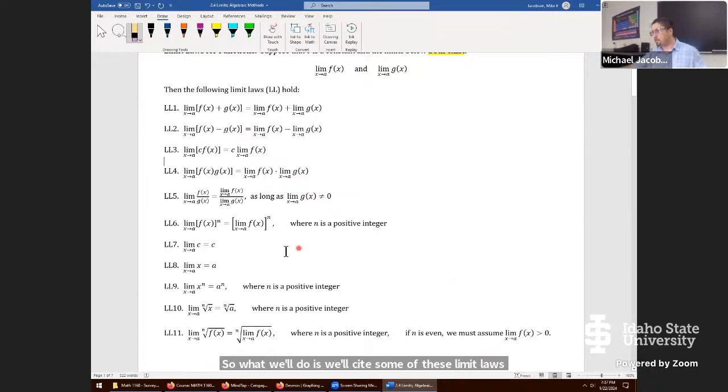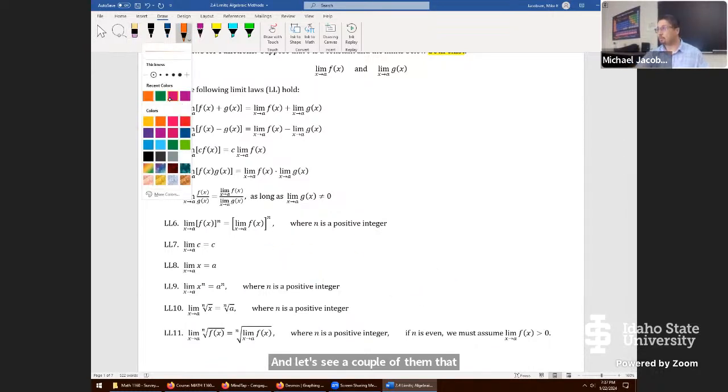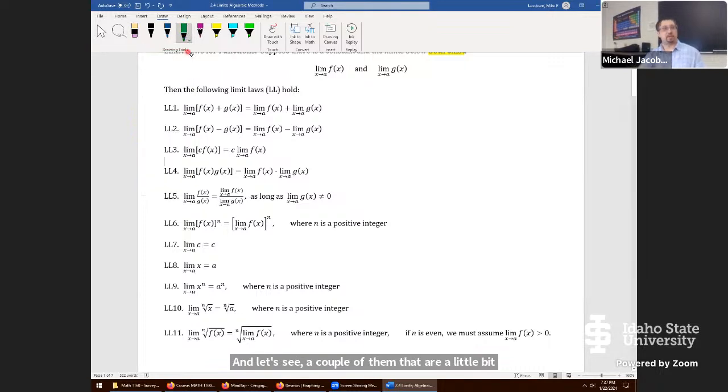And let's see a couple of them that are a little bit exceptional. I did want to point out, really impressive limit laws would be stuff like this one. Let's see what else. This one's also pretty impressive. Limit law 10, limit law 11.